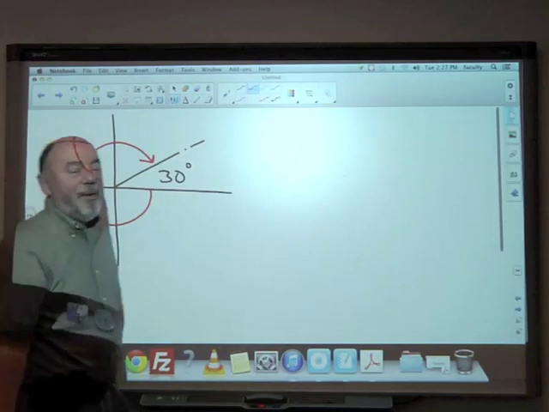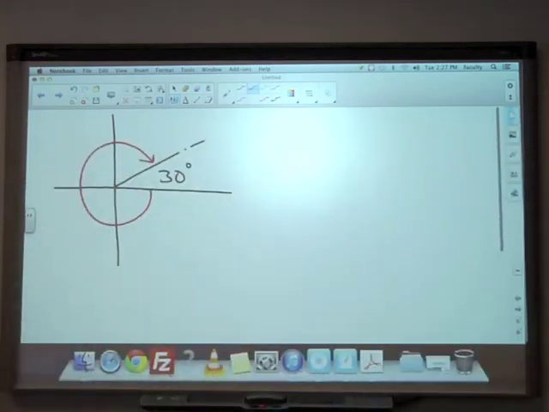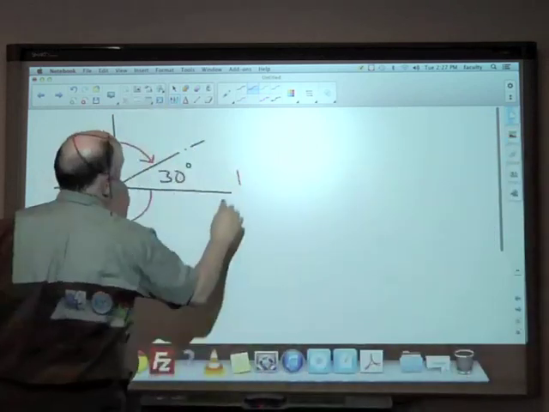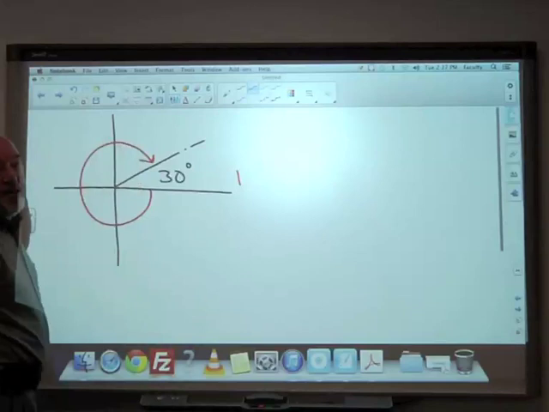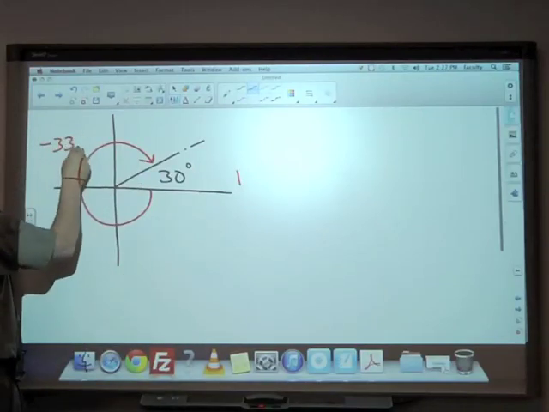What would that measurement be? Negative 330. Going in this direction is positive, going this direction is negative, so this would be negative 330 degrees.